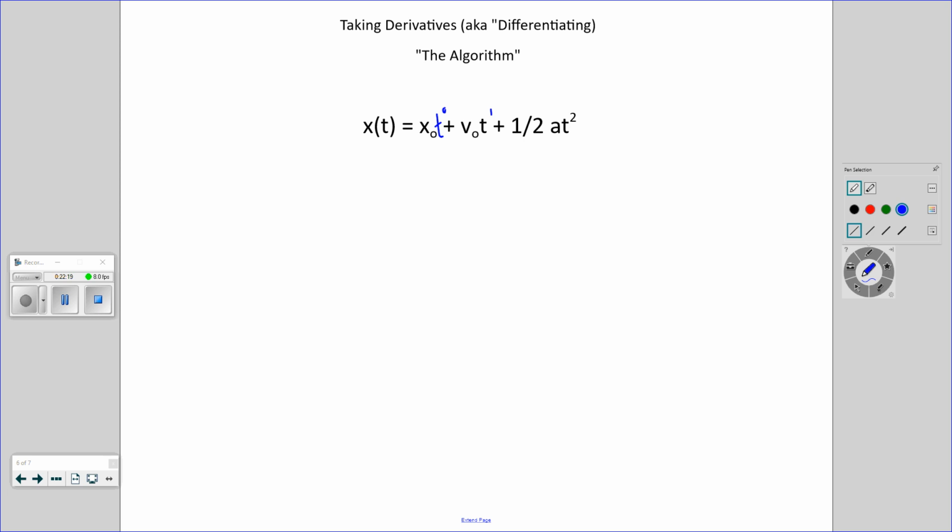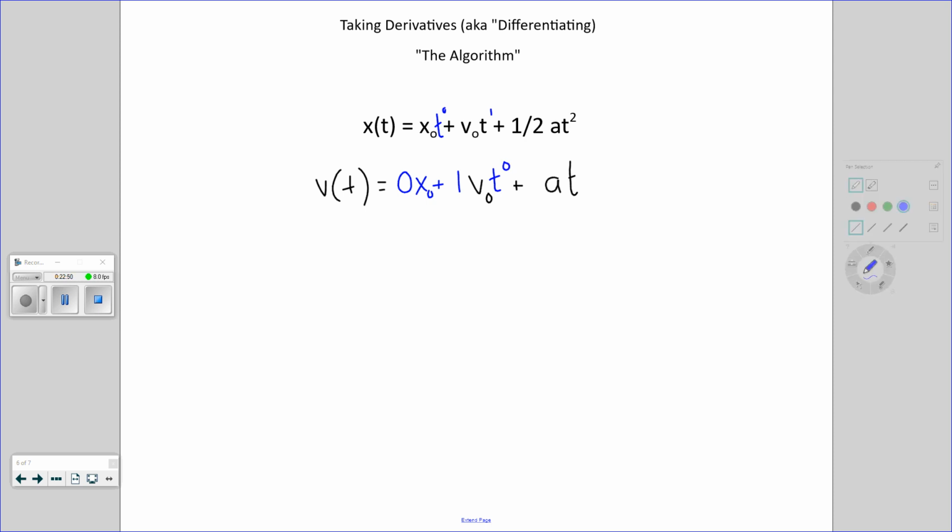And since we know v as a function of t is V naught plus AT, this is sort of like saying 0 times x naught plus 1 V naught times t to the 0 plus two times 1/2 a t to the 1.